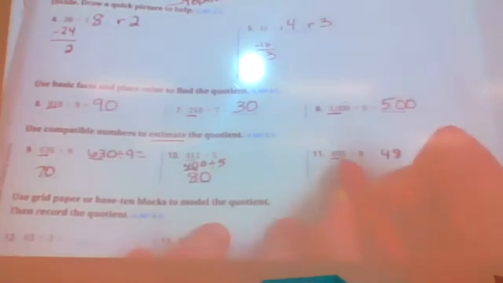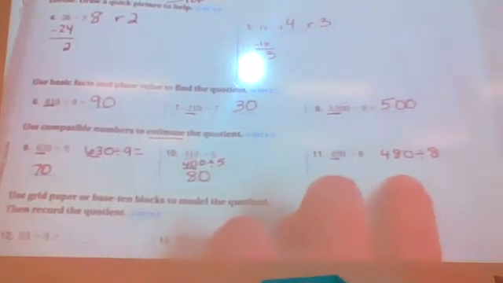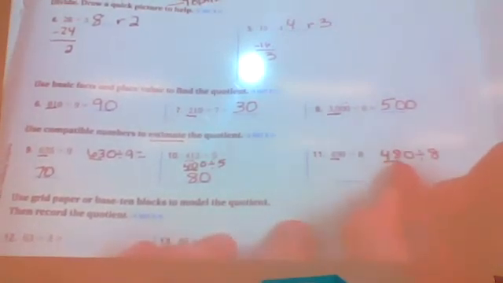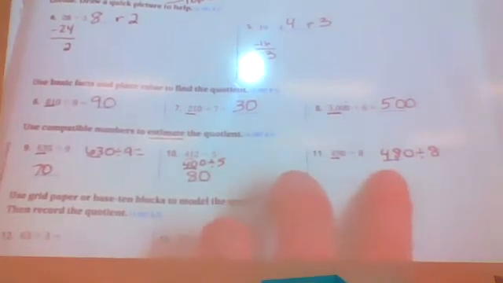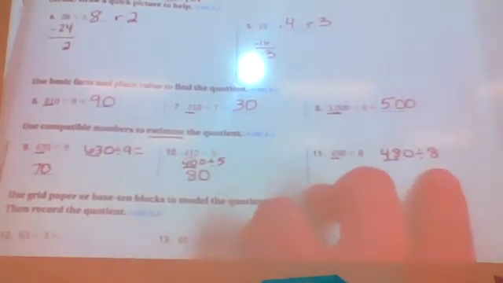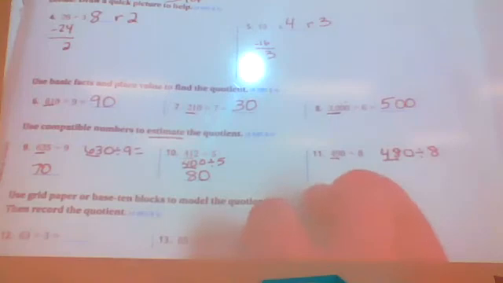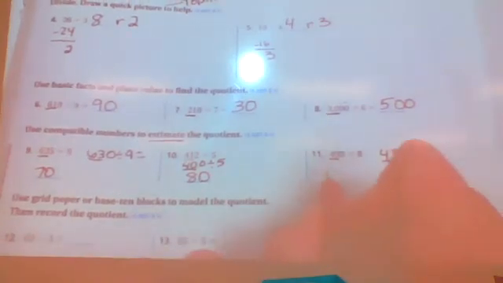And it's already a 0 for us, so I will just make that a 0 and divide that by 8. If I pull out my basic fact or my special fact, 48, I say, how many times can 8 go into 48? You're right, it's 6.